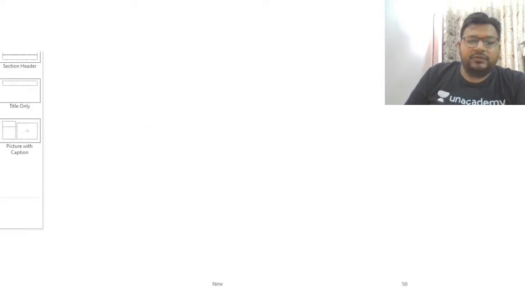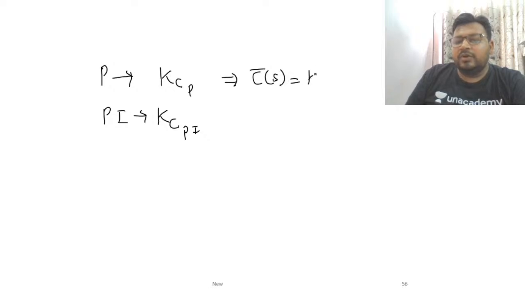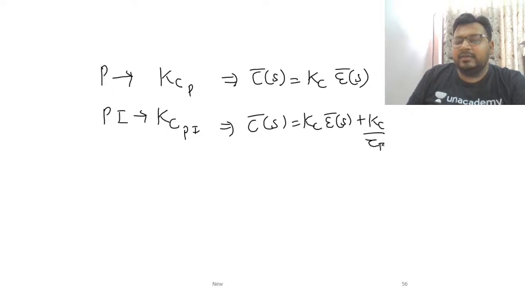Okay, so first of all, you are having a P action with a gain of Kc. Then you are having a PI action with a gain of Kc. Kc for the PI and Kc for the P. For the case of P, what is your output? Your output is Kc into E bar S. But for the case of PI, your output is Kc into E bar S plus Kc by tau I times the integral from 0 to t of e.